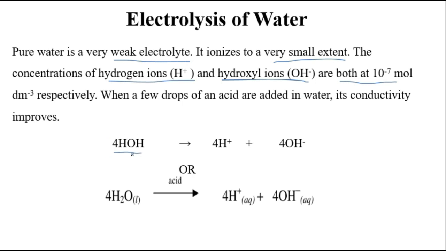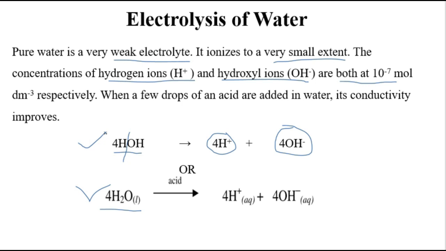We can write water as HOH and H2O, right? In this context, this bond will be broken at this place and hydrogen ion and hydroxyl ion will be formed. Both the reactions that I have mentioned below and above on this slide are the same.